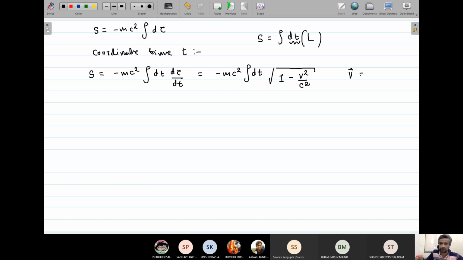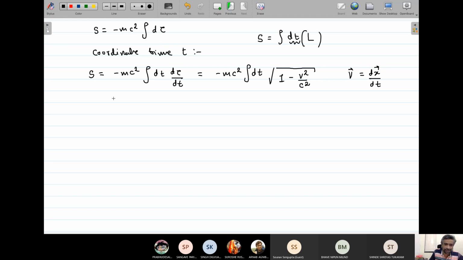So it looks like it does not transform as a scalar under Lorentz transformation because I have written it in terms of v and t, but this whole combination is actually Lorentz invariant because this is nothing but d tau, which is a Lorentz invariant quantity.